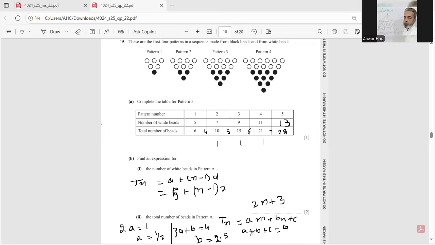So using a, b, and c, you will get c is equals to 3. And your nth pattern will be 1 by 2 n square plus 2.5 n plus 3. This will be the nth pattern of this. Now for the last part of this question.